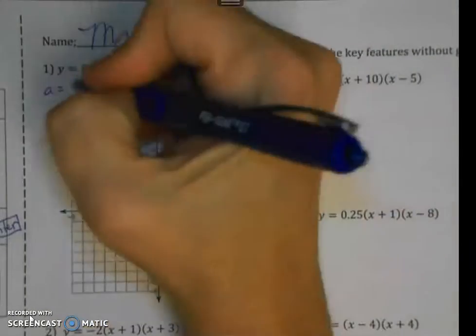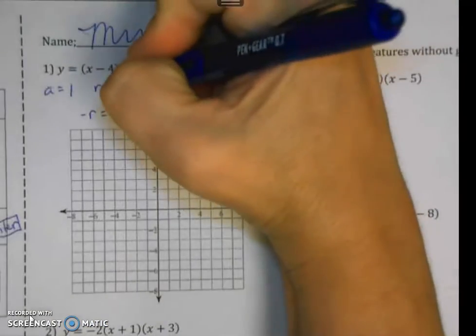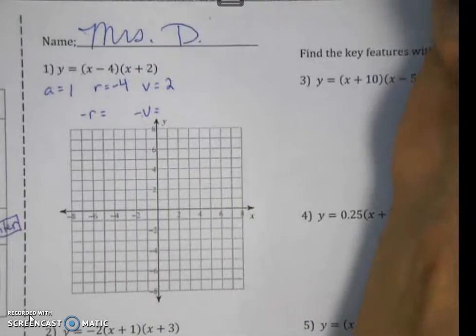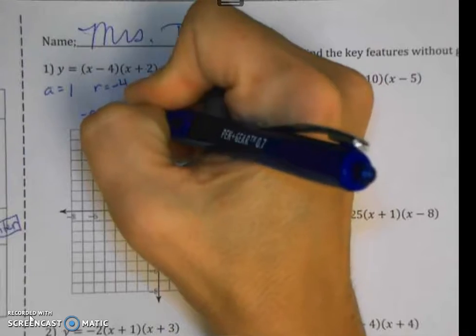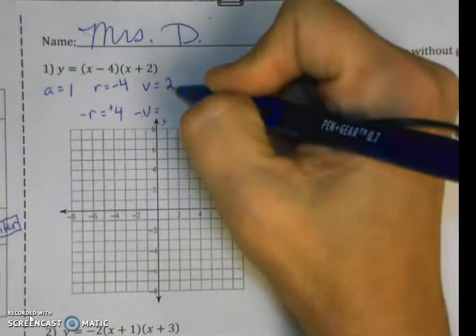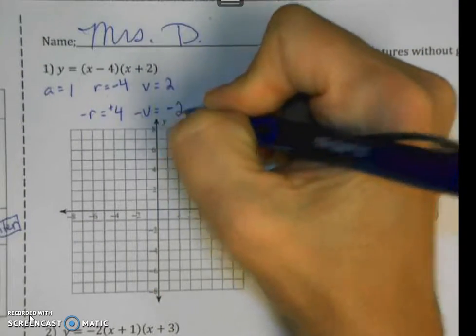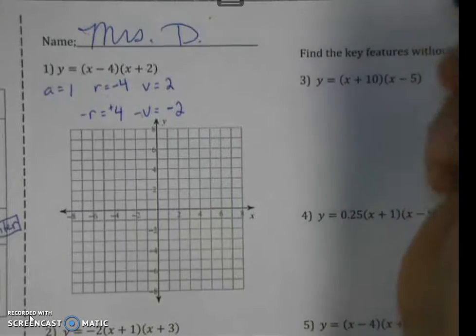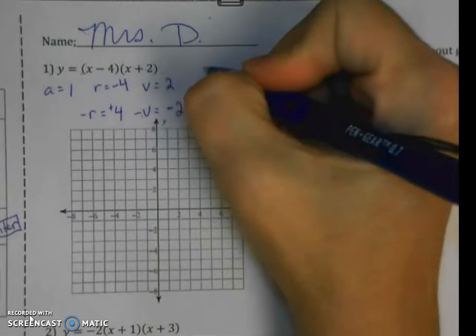A is 1, R is -4, V is 2. So the opposite of -4 is +4. The opposite of 2 is -2. So the 4 features that I need are my y-intercept. I think I'm just going to do it right here.